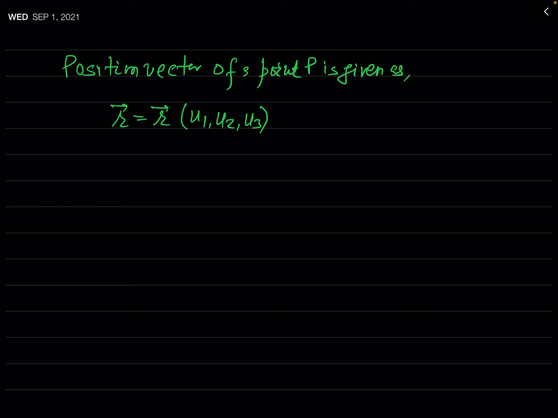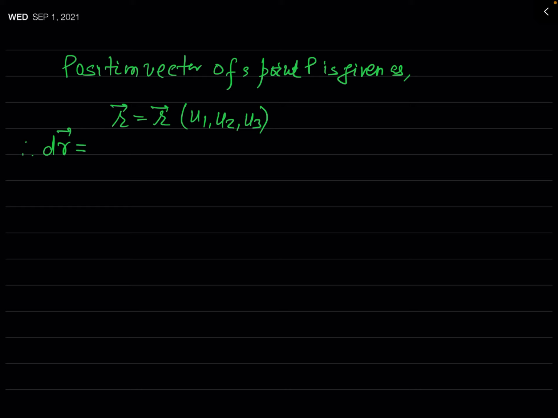So if r is equal to r of u1, u2, u3, then you know what will be the elementary displacement dr. Since r is a function of three independent variables u1, u2 and u3, we will find the value of dr in terms of partial differentiation.